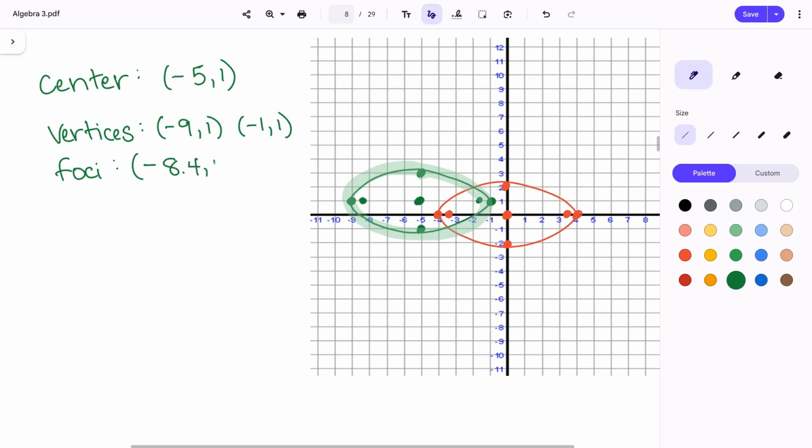And then 1. And then negative 1.6. Good. And then those endpoints of the minor, or those co-vertices would maybe be another name for that. Good. Questions on the completing the square with the ellipse like that?